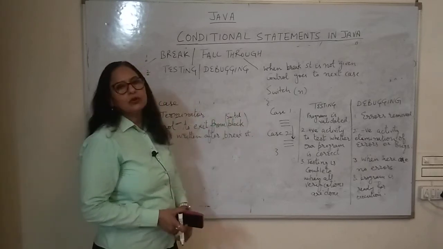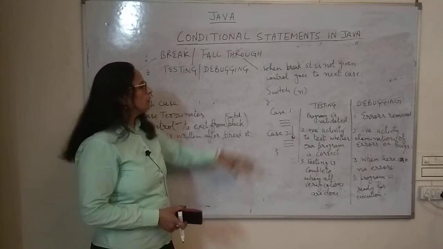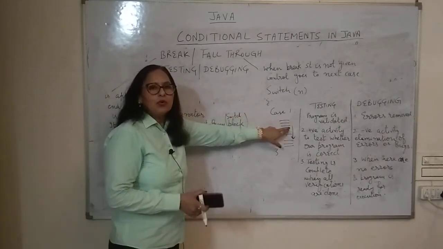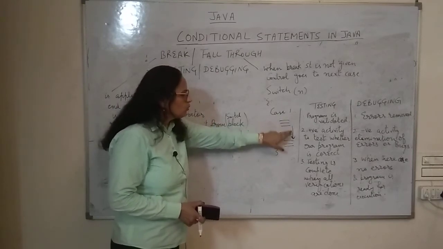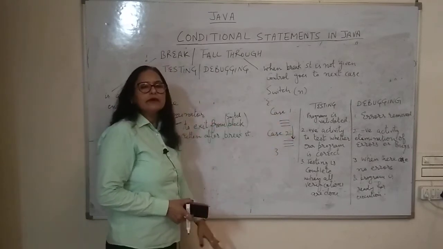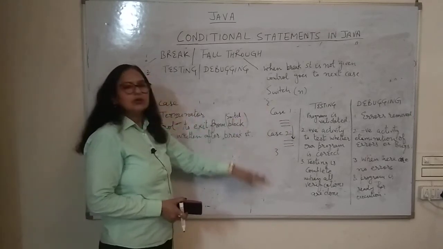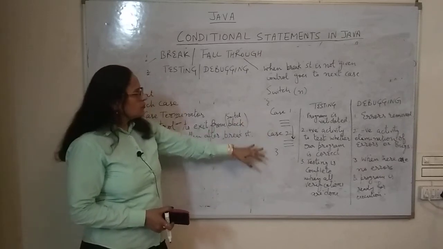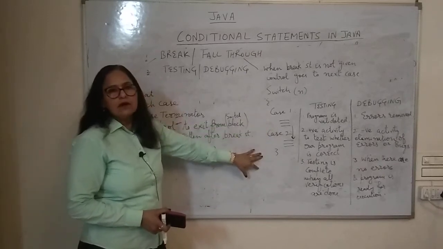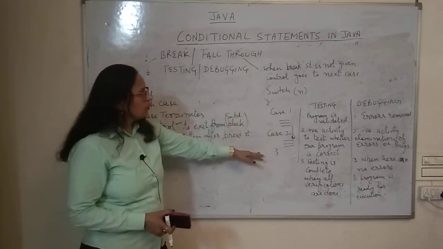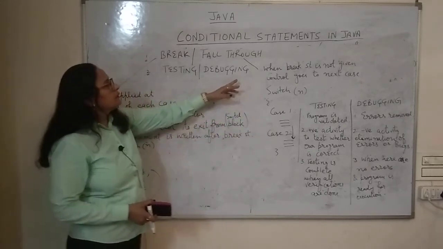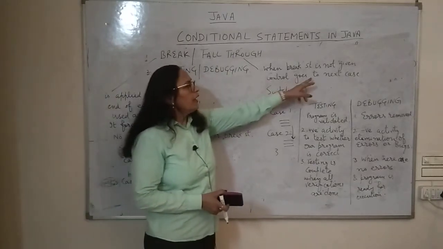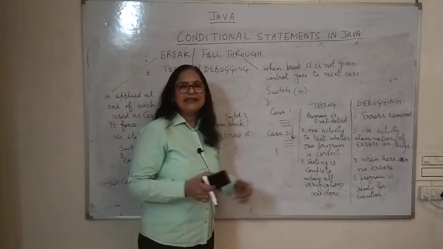Then what is going to happen after execution of the program? My dear friends, the control of the program is going to shift from case 1 to case 2, and if you have written 100 cases, it is going to execute all those statements. So there will be a great problem for the memory and for the program also. Fall through happens when we don't use the break statement.